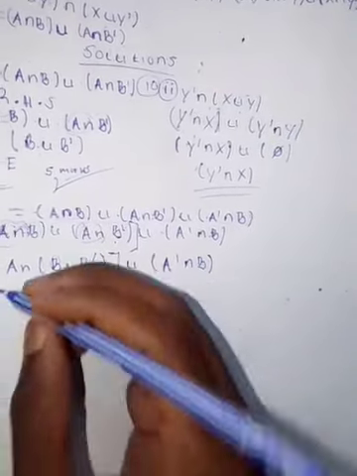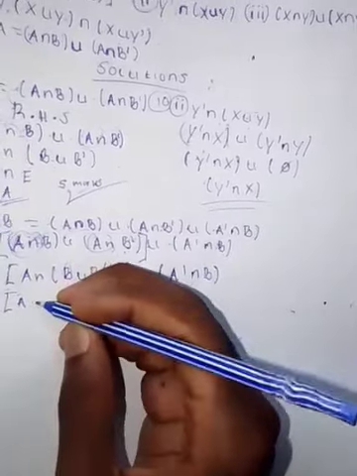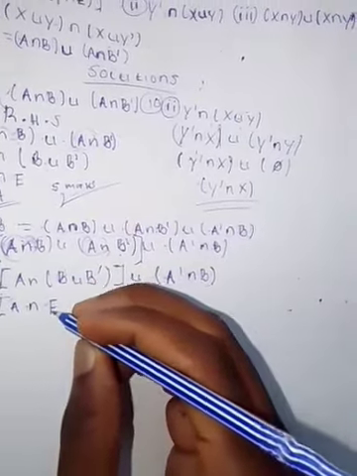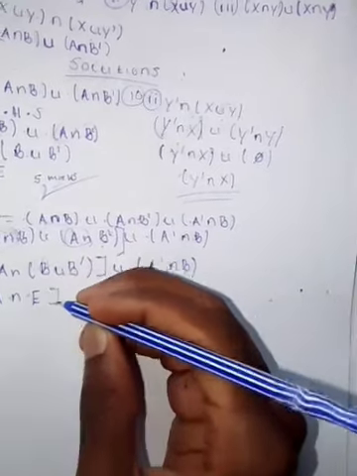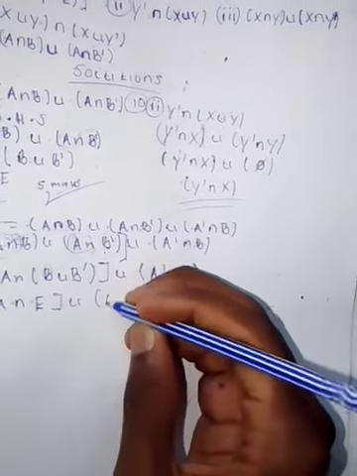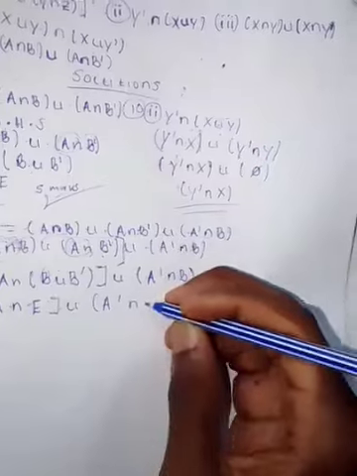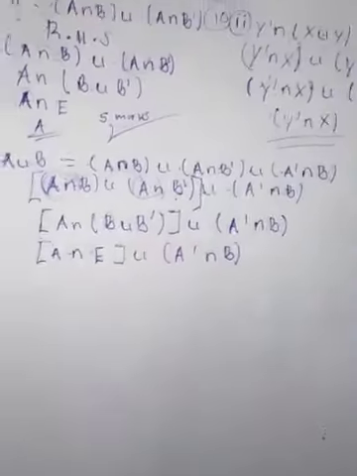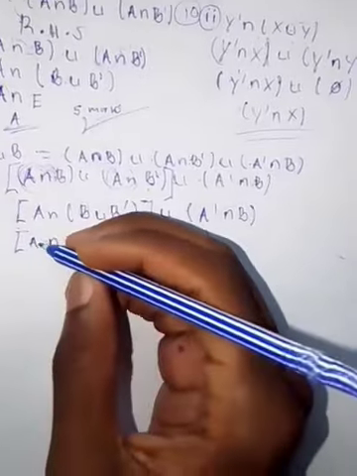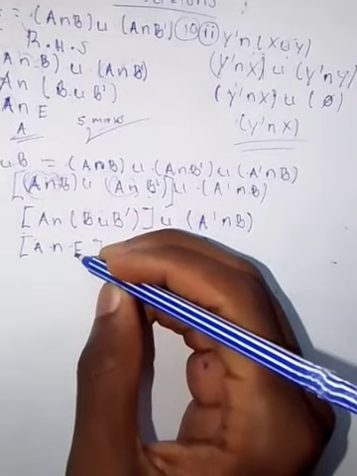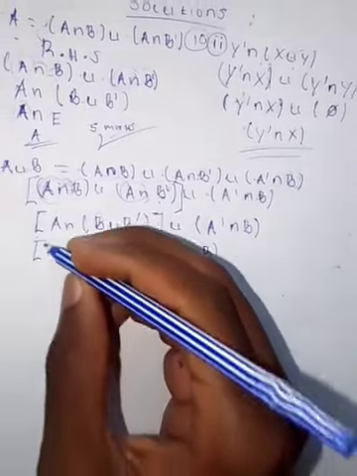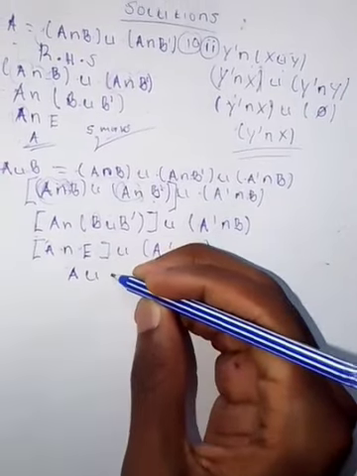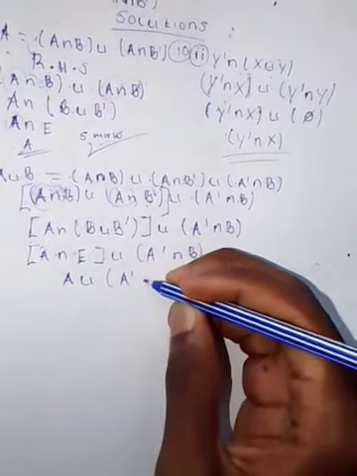So we are going to have A intersected with a universal set, union A complement B. Now again remember, when a set is intersected with a universal set, the set itself is going to come back, right? So here we are simply going to have A union A complement intersection B.